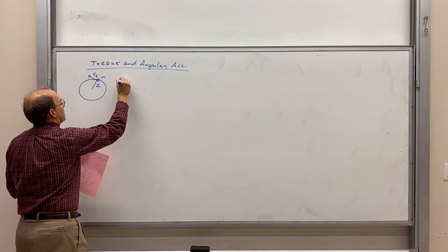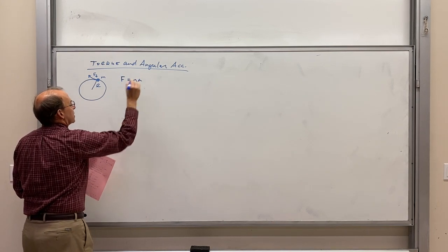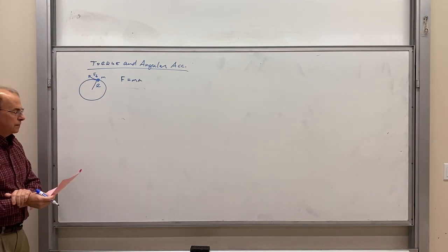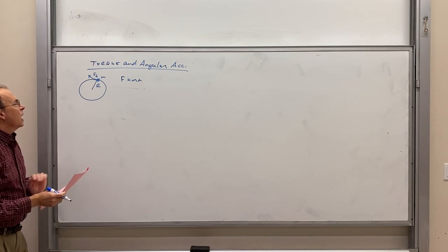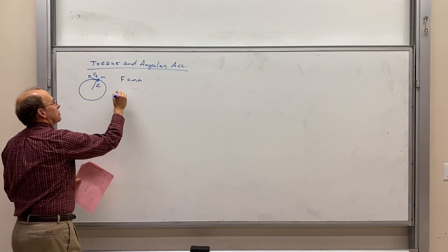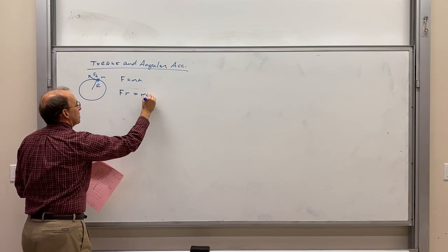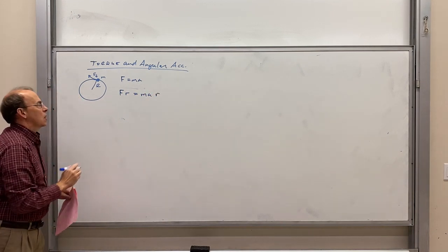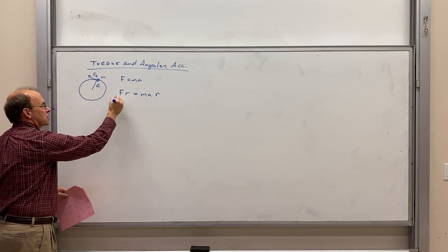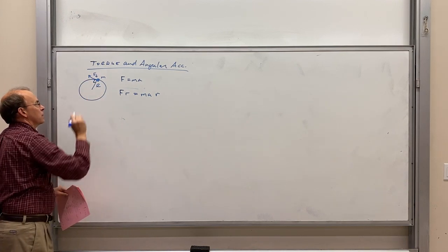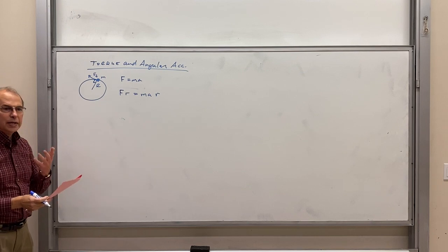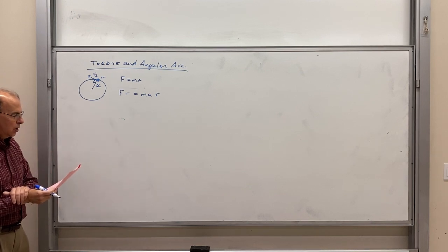I know that that force will accelerate that object with F equals ma. I can multiply both sides of this equation by r. Why am I doing that? Because F times r is a torque if this force is perpendicular, and I'm trying to get an understanding of torque.